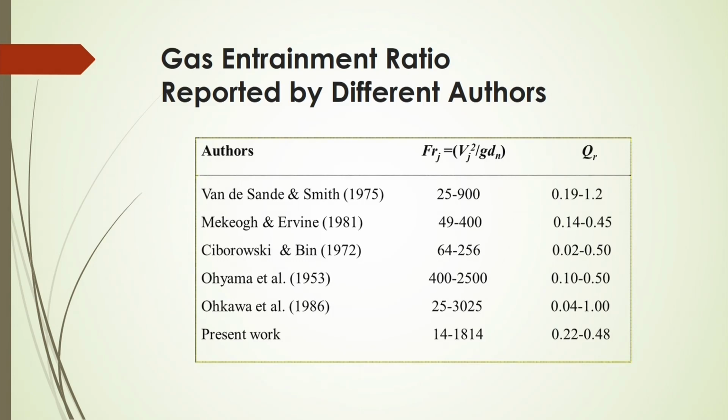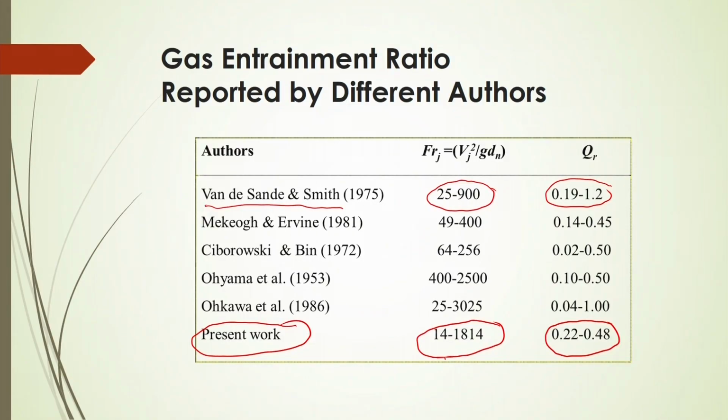And based on the entrainment ratio, different authors have done several investigations of gas-liquid contact, based on the energy supplied and how entrainment happens. Several investigators like Van de Sande and Smith found that the gas entrainment ratio, QR, that is Qg by QL, will be 0.19 to 1.2 if the jet Froude number is 25 to 900.